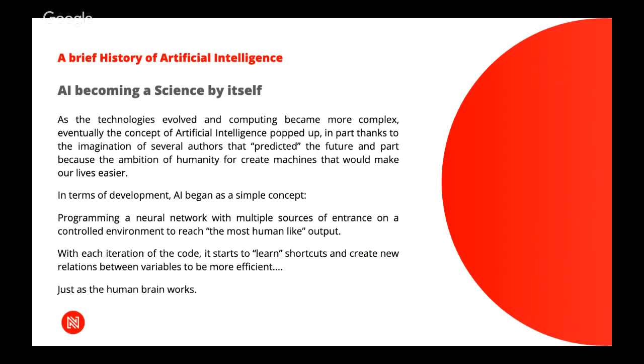But in terms of development, the concept is really simple: to program a neural network that, if you give multiple sources of entrance in a controlled environment, with each iteration of the code is going to learn shortcuts and create new relations between variables to be more efficient. And that's just how the human brain works.